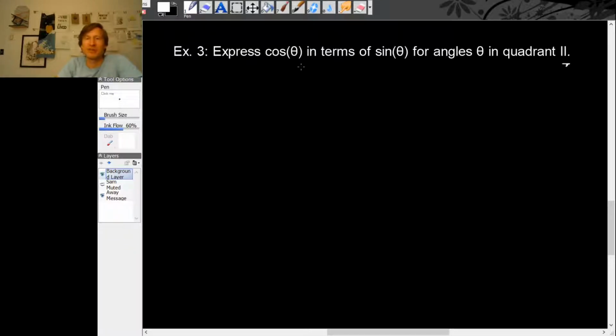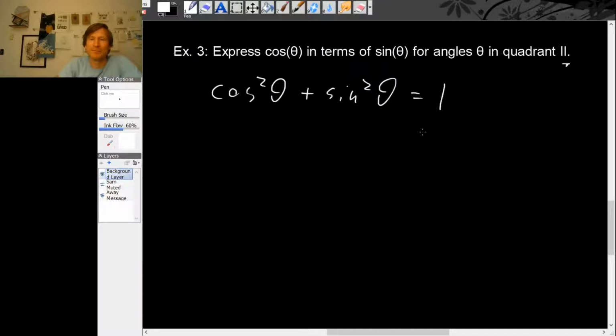Okay, so to express cosine in terms of sine, we're going to need some identity that has them both in it so we can solve for cosine. And an identity that has cosine and sine, yeah, we're talking about the Pythagorean identity again. So cosine squared theta plus sine squared theta equals 1. Now express cosine in terms of sine.